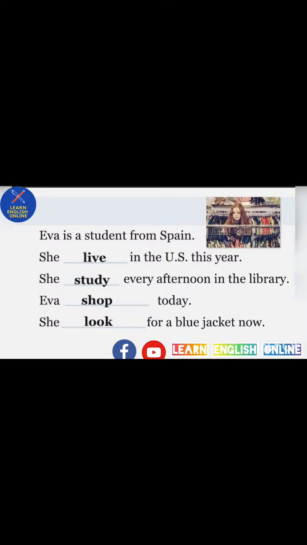Well, sometimes we can look at the picture, and sometimes the other words in the sentences help us. Here, there are signal words. Let's look. This, every, today, and now. These signal words tell us how we should change the verbs. Are you ready for the answers?